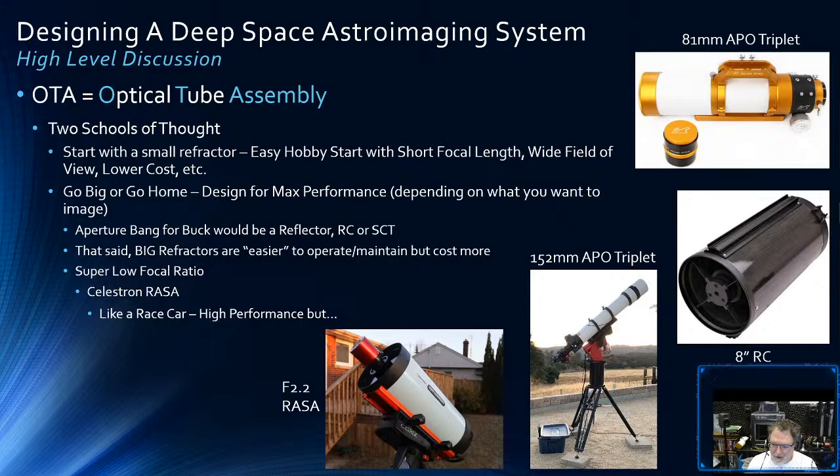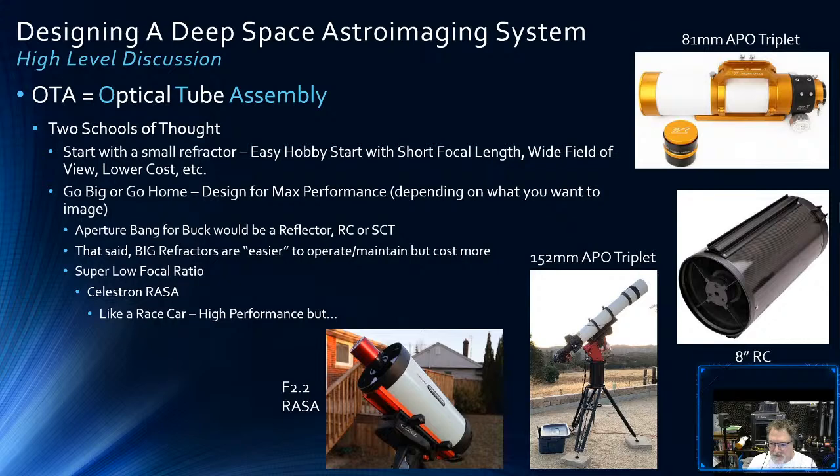And you'll see the cameras on the front of this thing, which causes its own set of problems, right? You can't have a big filter wheel there. How are you going to get your wires in and out of there without causing diffraction spikes you don't like? My thing is it's like a race car, right? It's extremely high performance, but it's also very fiddly, right? Very precise spacing and alignment and all of that stuff to get that performance out of it.